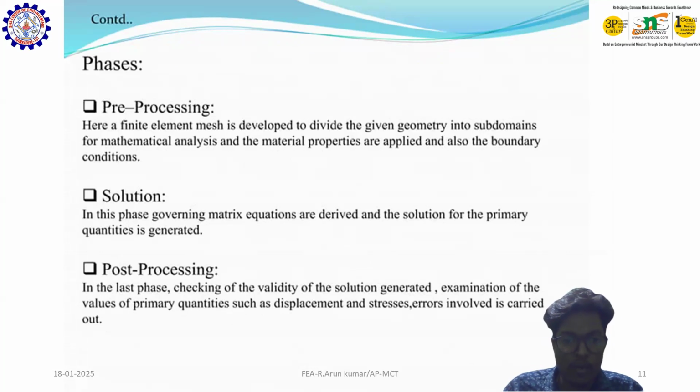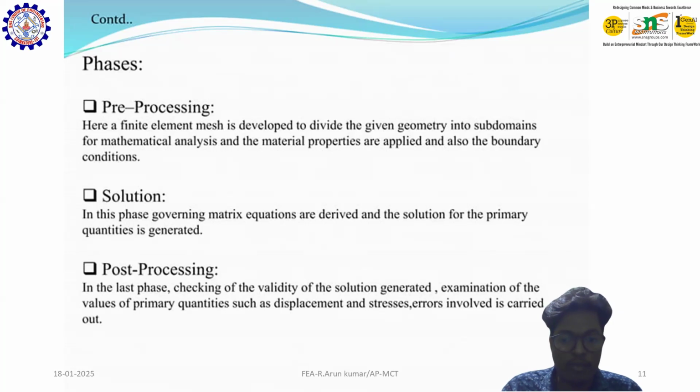I already told you what a mesh is: a collection of nodes in the form of a grid. It is developed by dividing the given geometry into subdomains for mathematical analysis, and the material properties and boundary conditions are applied. These are the functions we do in pre-processing.